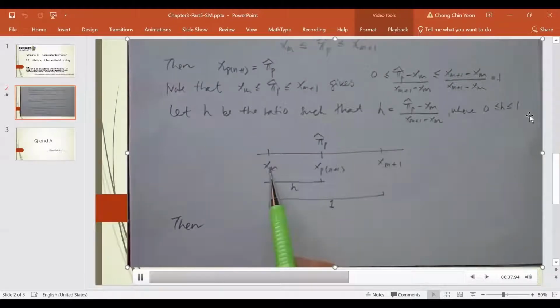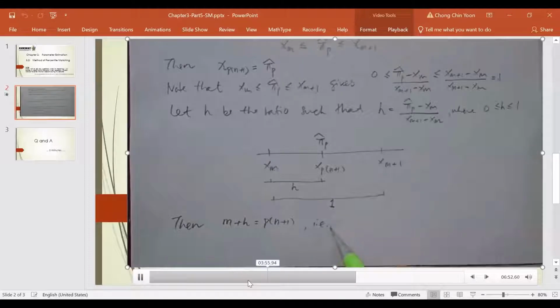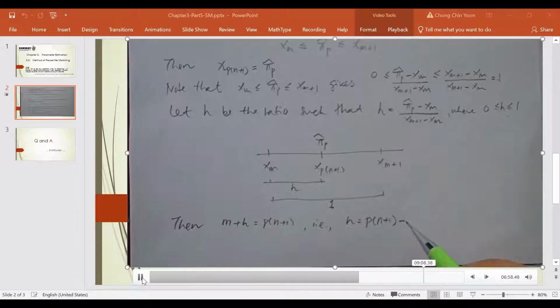Therefore, m plus h will be equal to p times m plus 1. That is, m plus h is equal to p times m plus 1. Or in other words, we say that this h is equal to p times m plus 1 minus m.